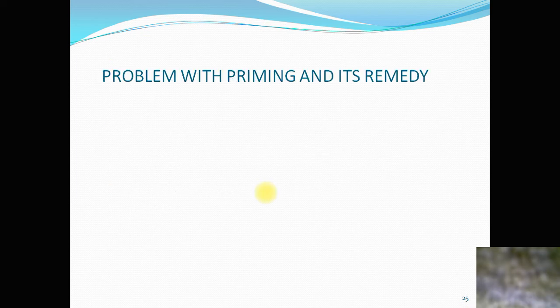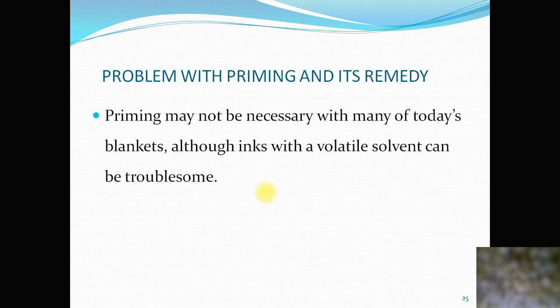Then, problems with priming and its remedy. What type of problems do we have to face? Priming may not be necessary with many of today's blankets, although when used with a volatile solvent it can be troublesome. So nowadays, for the blankets we are getting, there is no need to do this priming. But if you are using it with a volatile solvent, what is the meaning of volatile?